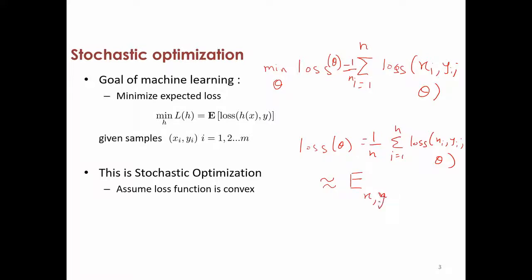Here x and y are random variables, drawn from some distribution p, the distribution of real world examples, and then the loss of x comma y given theta. So here we are taking this as an approximation for what we really want to minimize.